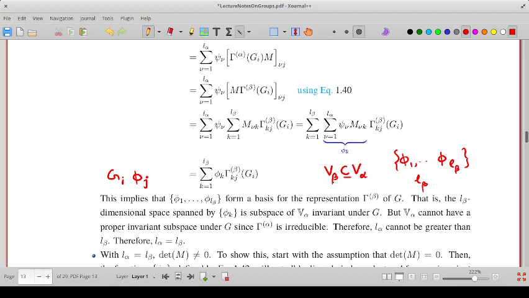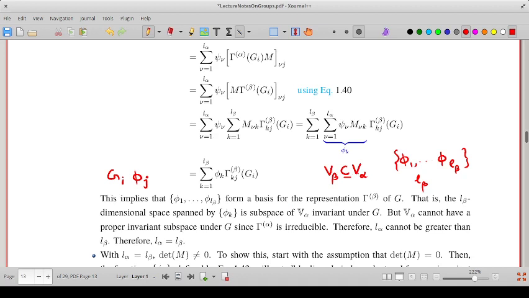Now, gamma alpha is assumed to be an irreducible representation of G. That means it cannot contain a proper invariant subspace of the group G. But we have shown that V beta is a subspace of V alpha.